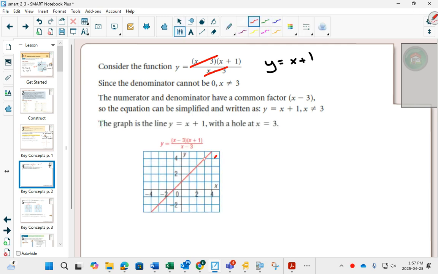So how do I figure out the coordinates of this hole? Well, the non-permissible value was 3, so the x coordinate will definitely be 3. And then if you plug that 3 into your new simplified equation, what would you get for y? You would have got 4. So had that not been a non-permissible value, (3, 4) is a regular point on y = x plus 1. But since 3 is a non-permissible value, now it shows up as a hole, or a point of discontinuity.